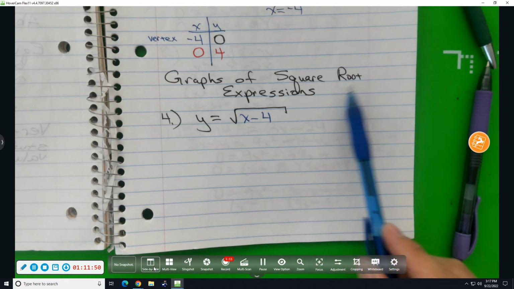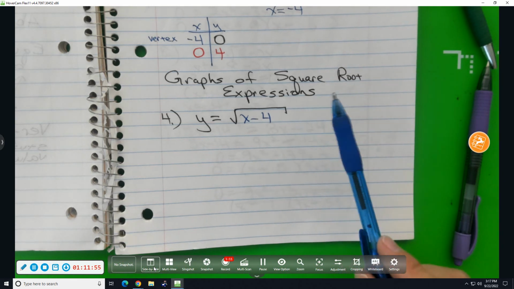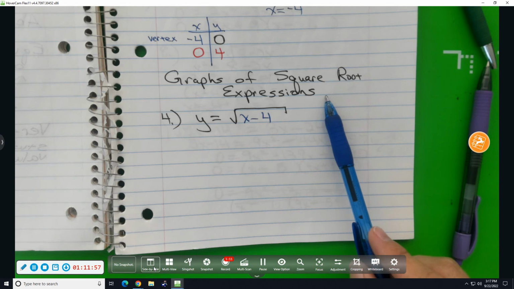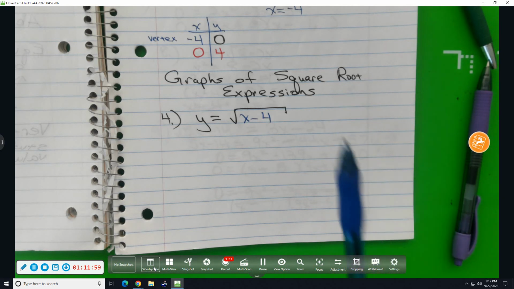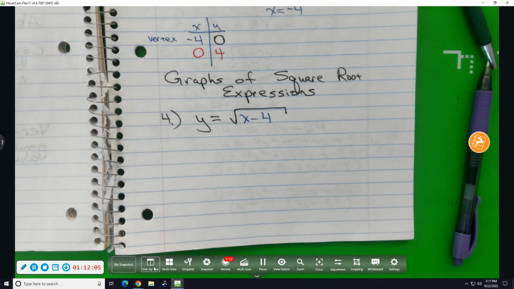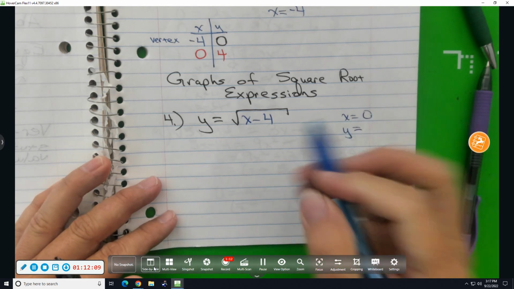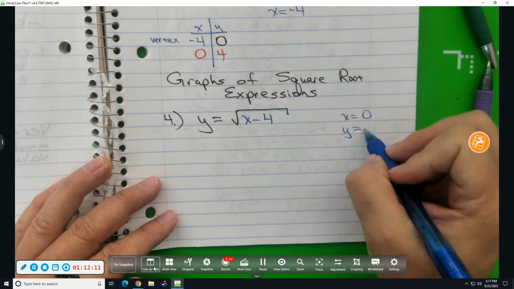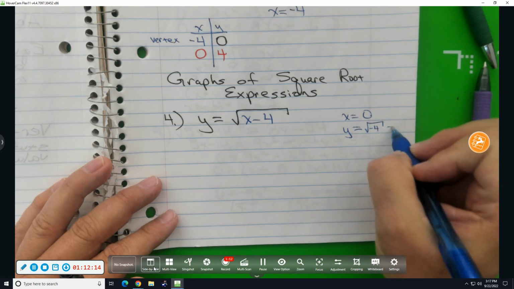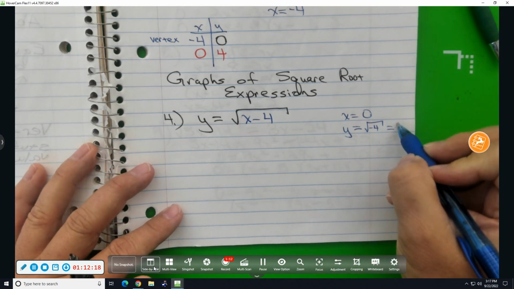For the graph of a square root expression, I guess I should have written a note up here. You don't want imaginary y values. With that in mind, can we use 0 for x? No, we can't. Because if you try to use a 0 for x, you get y equals the square root of negative 4, which will turn into y equals 2i.